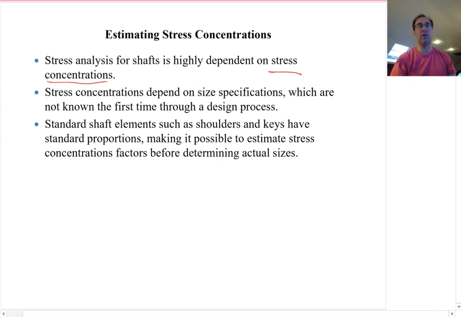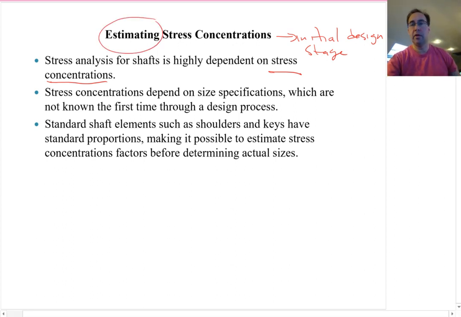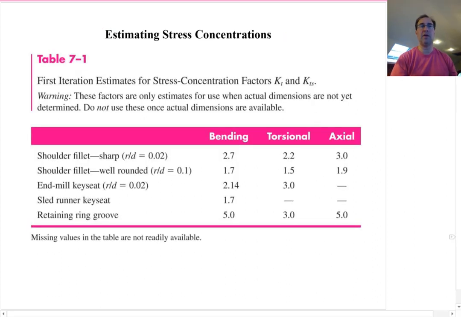But when you're first getting started for the design, so this is an initial design, you don't want to use an estimate in a final design stage. But then again, you don't want to have to recalculate very complicated stress concentrations over and over again using whatever formula or tables in the back of the book. So as a result, they've come up with an estimate chart, and that's given in table 7.1.